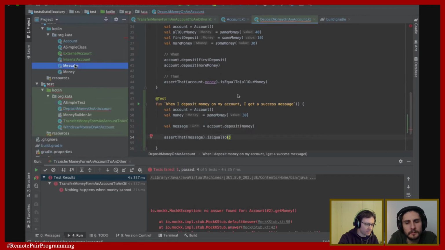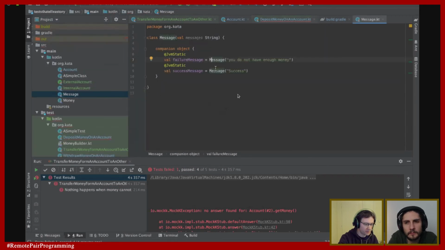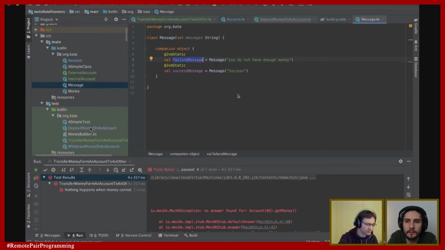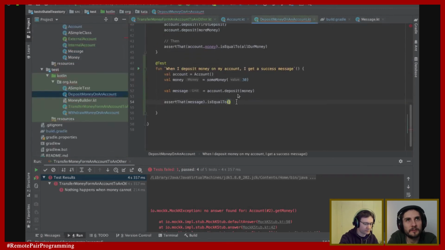So I have this success message, but if we use this one, then failure message is probably badly named because it says that I don't have enough money. So we can use this success message, but then we will have to rename this one. Probably we'll need to add another one because that's not just a failure message.